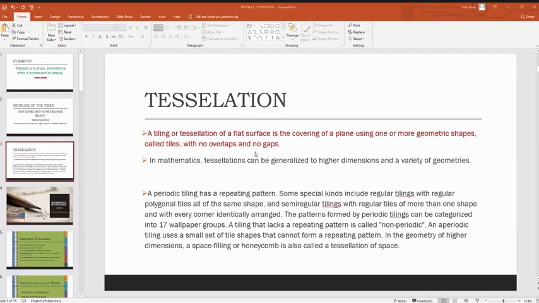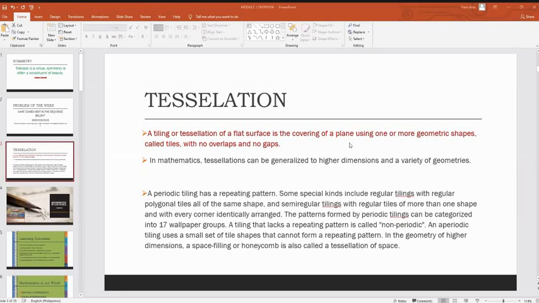Shapes with no overlaps or gaps. So for example, in a quiz, when you see no overlaps and no gaps, we have what we call tessellations. And we have certain conditions for geometric shapes to tessellate. Not all shapes can tessellate, for example a circle with a triangle.